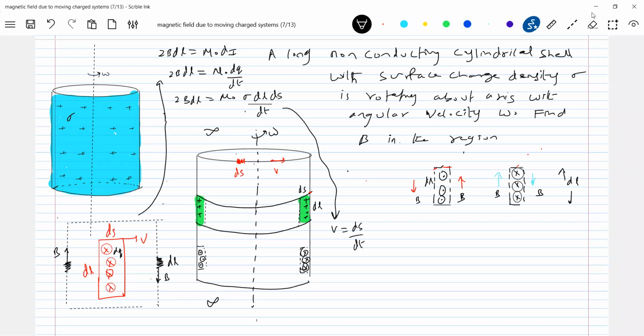So 2B dl equals mu naught sigma dl into v. The dl cancels, so 2B equals mu naught sigma. Again the same thing we had earlier.